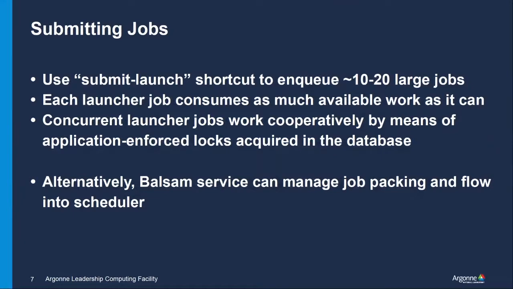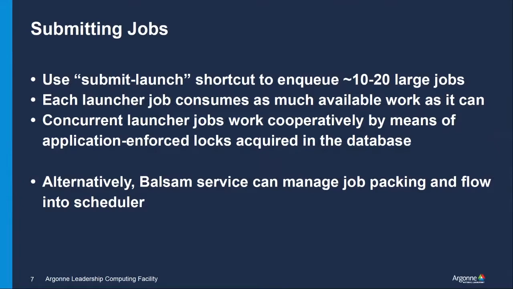And then to actually run, once you have a large number of jobs in your database, again, the submit launch shortcut is very helpful. But this is doing nothing but submitting basically a template shell script on your behalf. So you can write your own script or modify the template, as I'll show on the next page. In this mode, each launcher is going to consume as much work as it can.